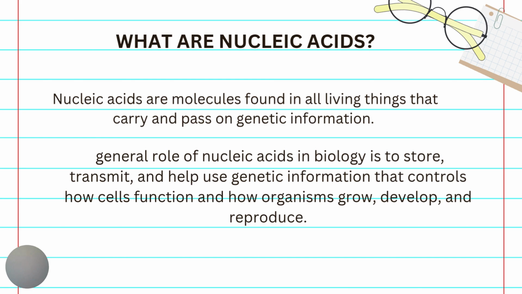So basically, nucleic acids are the molecules responsible for passing on information about traits: how we look, how long our hair is going to be, the color of our hair, the color of our eyes.